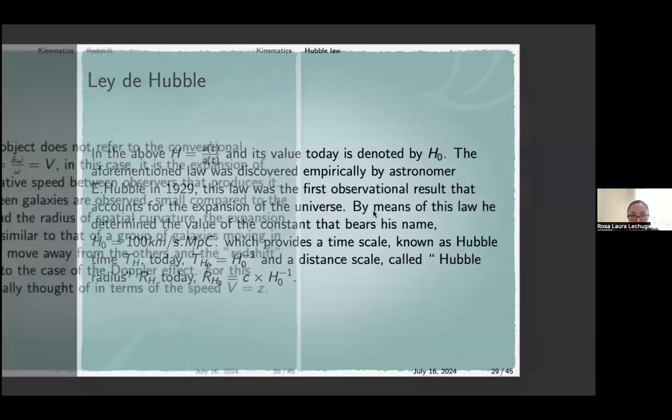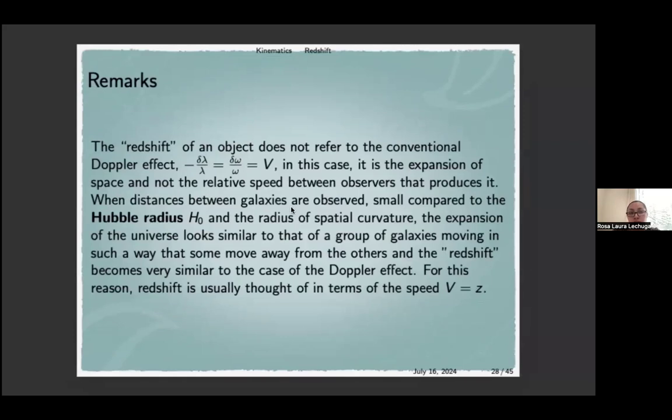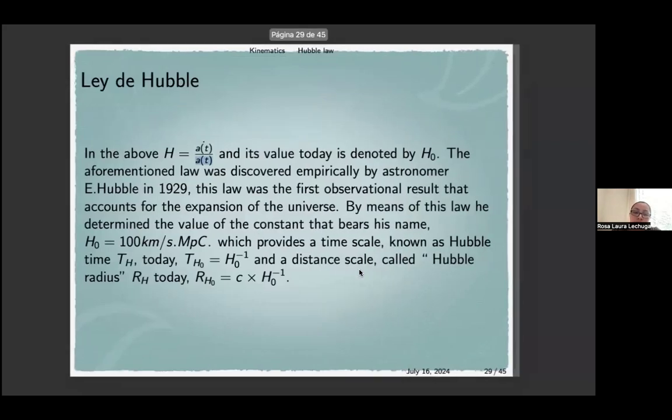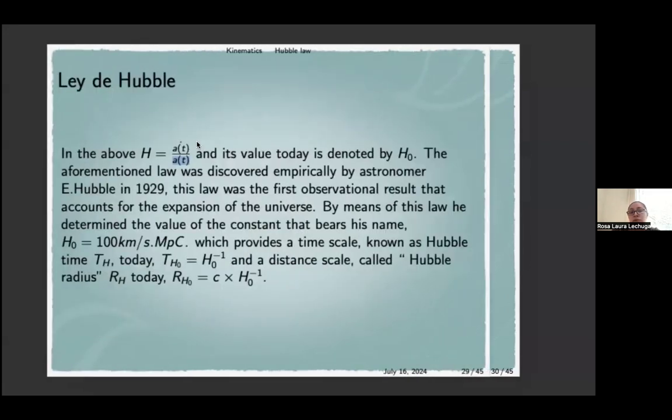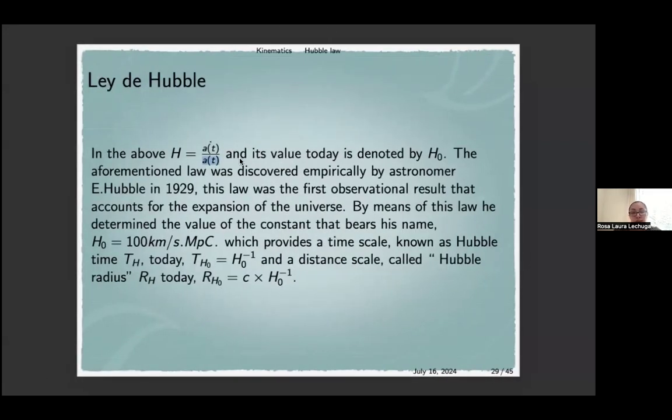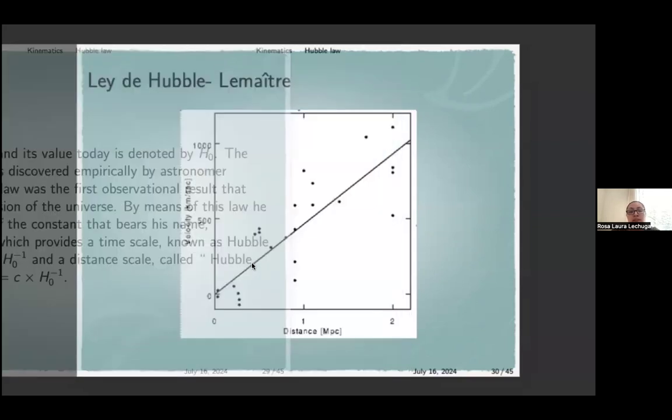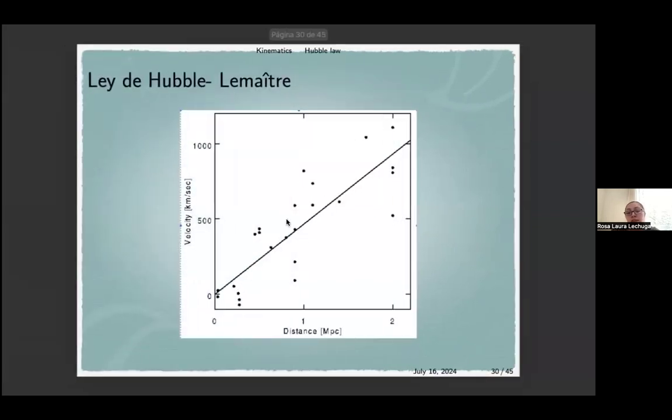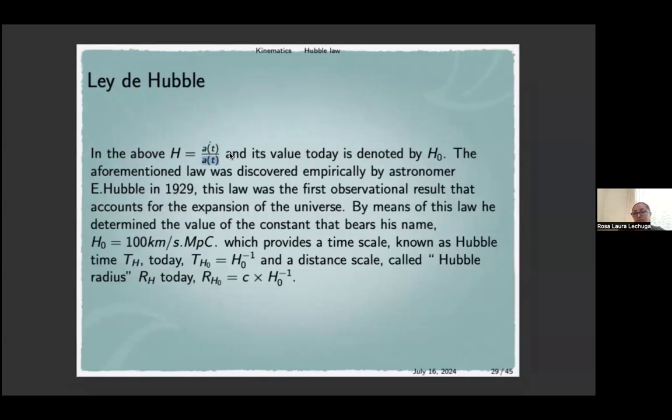We can study the Hubble law using this parameter. Historically, Hubble studied the movement of the galaxies, and with an empirical plot he developed a law, which bears his name, describing the distribution of velocities according to distance.